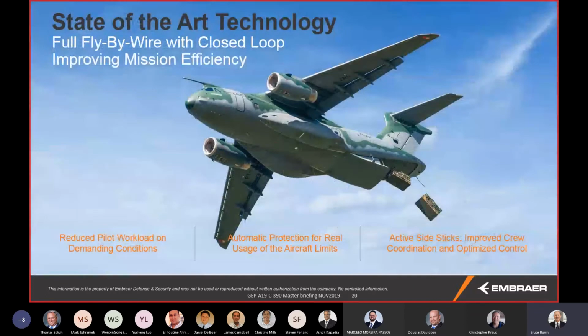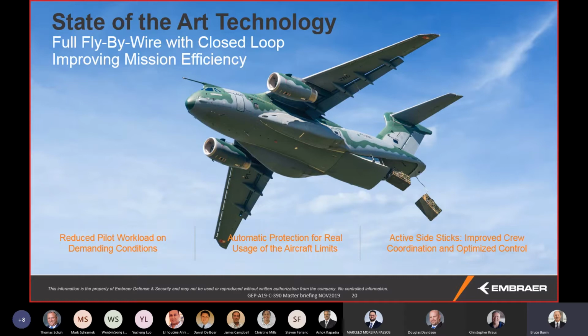I mentioned fly-by-wire. This is another thing that we emphasize a lot. You know, the reduced workload and the ability to fly the airplane right to the limits of its envelope. And the reason we talk about it a lot with customers, again, is because it's just something that our direct competitor, the C-130J, can't do.